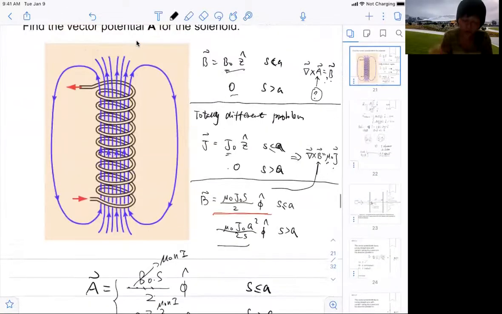Oh, so mathematically, this is the same solution. For the solenoid, we assume we already know B is constant inside, 0 outside. And we want to find a vector so that the curl of this vector describes this relationship of B. And the analogy is, we already solved B for a long wire, where the position of B is the same position as A. So the curl of B is equal to a constant.